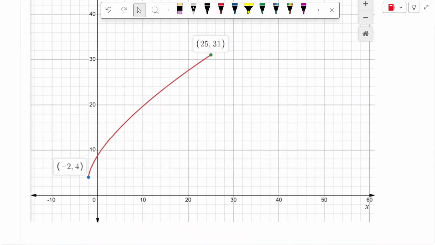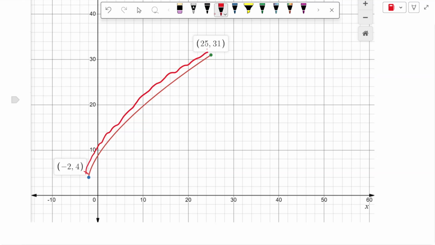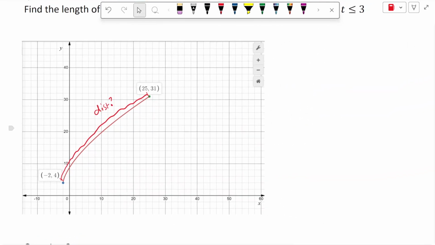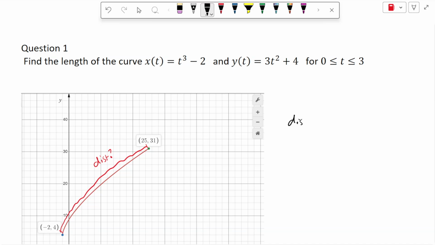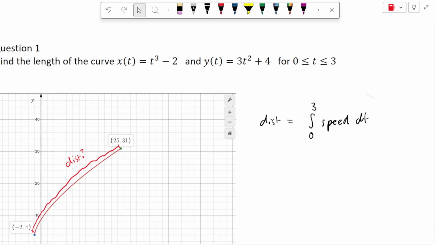So we've got a curve here, and I would be wondering, what is the actual distance along that curve? Now I'll just show you the formula. Well, distance is the integral of speed with respect to time. But how do we define speed for a curve like this? It goes from 0 to 3 as well.